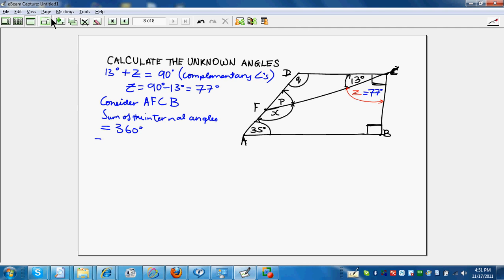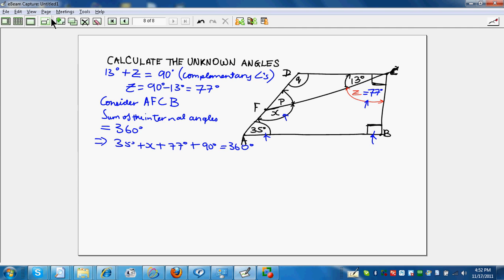So that would tell us that we could say that 35 degrees, which is this angle here, plus x degrees, plus Z, which was 77 degrees, plus this angle here, which is 90 degrees, all of these add up to 360 degrees because they are the internal angles inside of that quadrilateral.